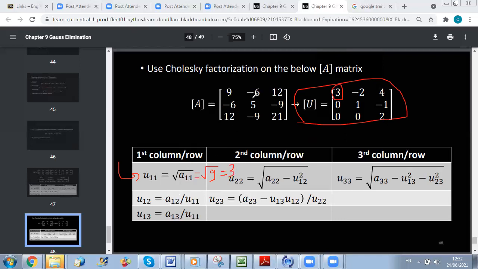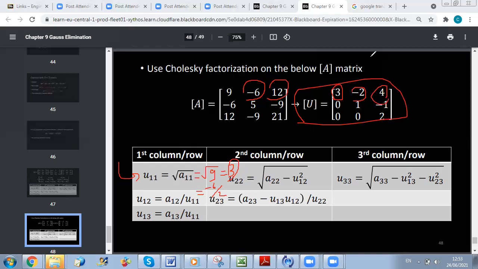A12 is minus 6 over U11, which is 3. So minus 6 over 3 will give me minus 2. So I put here minus 2. Now, U13 is A13 over U11. A13 is 12 over U11, which is 3. 12 over 3 will give me 4.